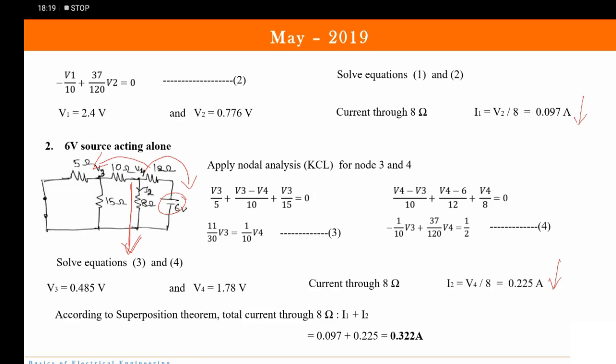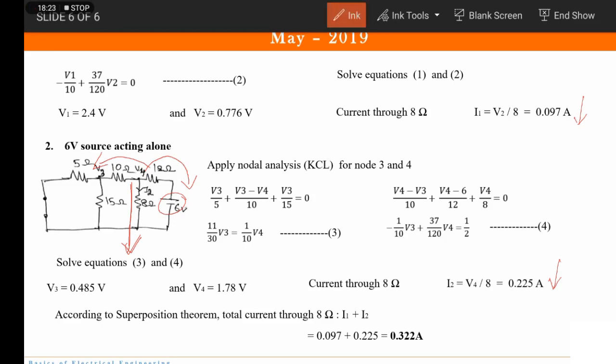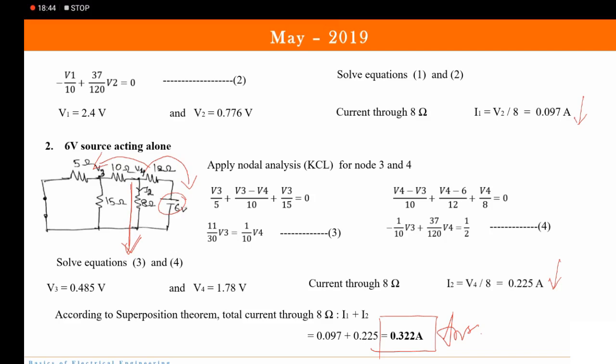The answer comes out to be 0.322 amperes. If one of the currents was negative, then we would have considered that negative sign also. That is not the case here, I'm just telling you that is the procedure.